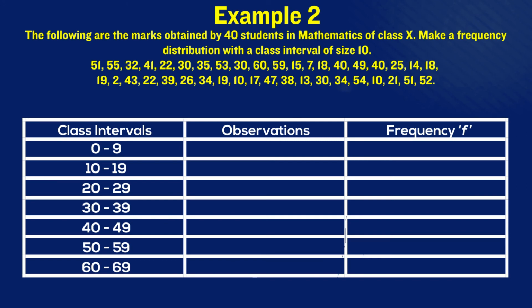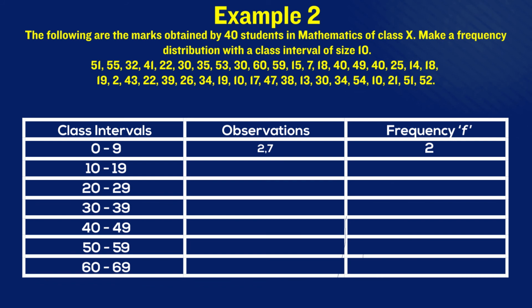But hey, there's one more method by which we can record the frequency distribution. Instead of tally marks, we can just note down all the observations lying within each interval. Like the observation between 0 to 9, which are 7 and 2, can be recorded here in order like this. The number of observations, which is 2 here, can then be noted down in this frequency column.